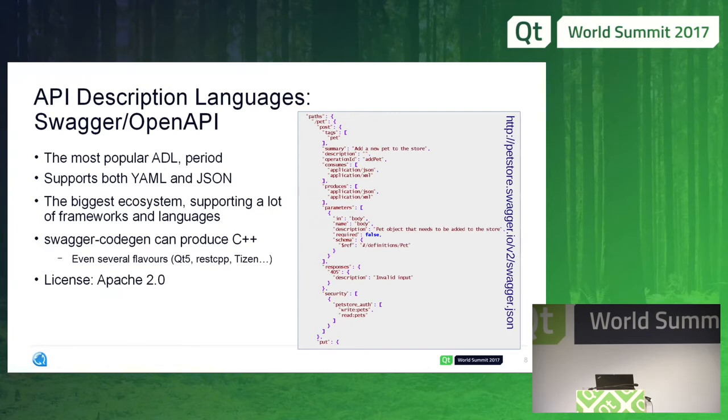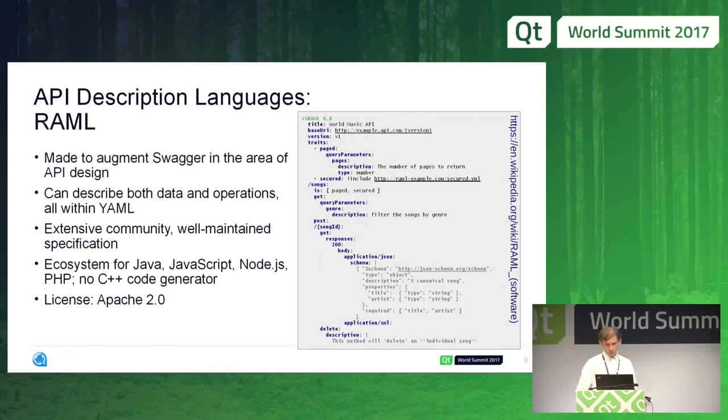There are even esoteric things like Tizen or Haskell or Elixir, basically anything you can find in the list. For C++, there are even several flavors. So you can generate Qt5, you can generate REST CPP, you can generate Tizen again. The license actually for all of them is pretty permissive. RAML.